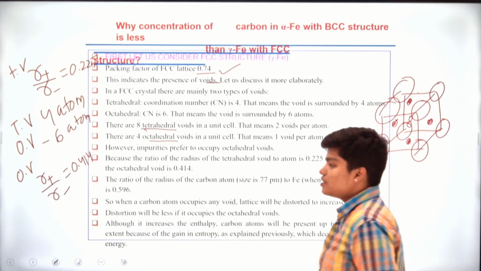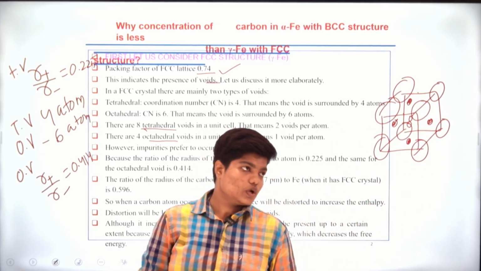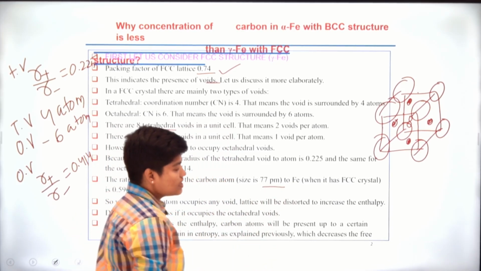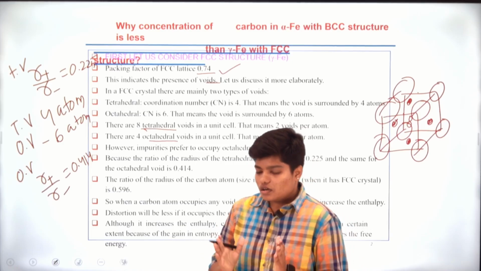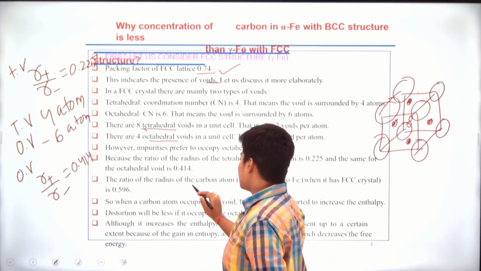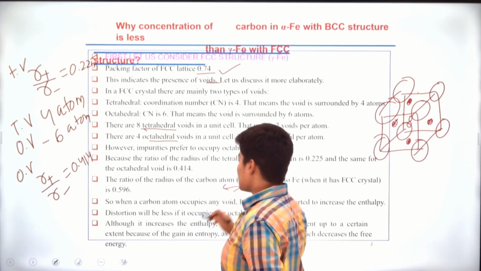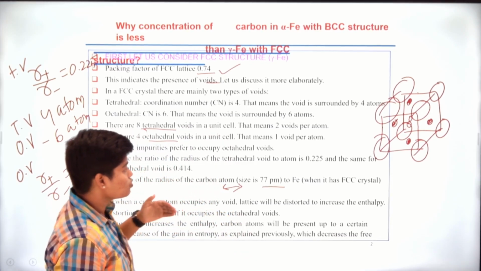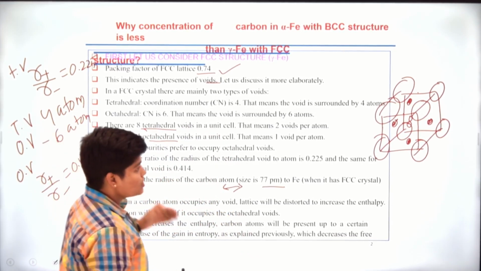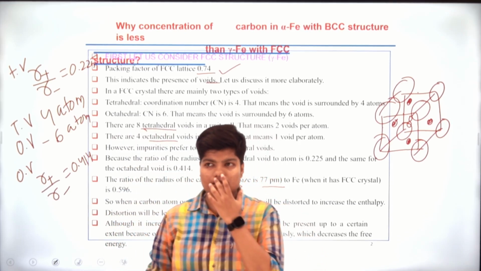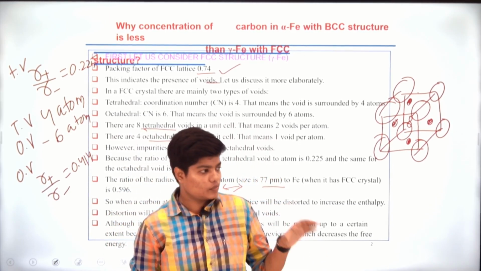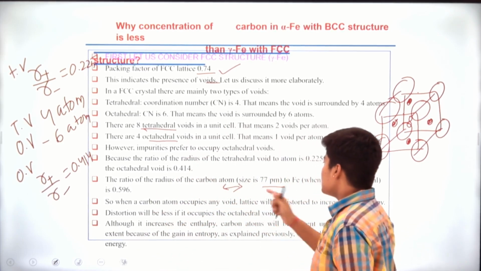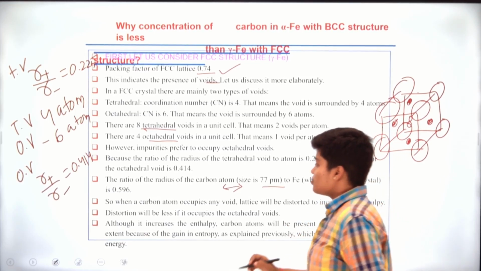Here the radius of the carbon atom is 77 picometer, while Fe is larger. But in an FCC crystal, the radius of every atom at a lattice point changes because of distortion. When one void is there and one impurity is involved, some distortion will be there, so the radius will be reduced to 0.596.